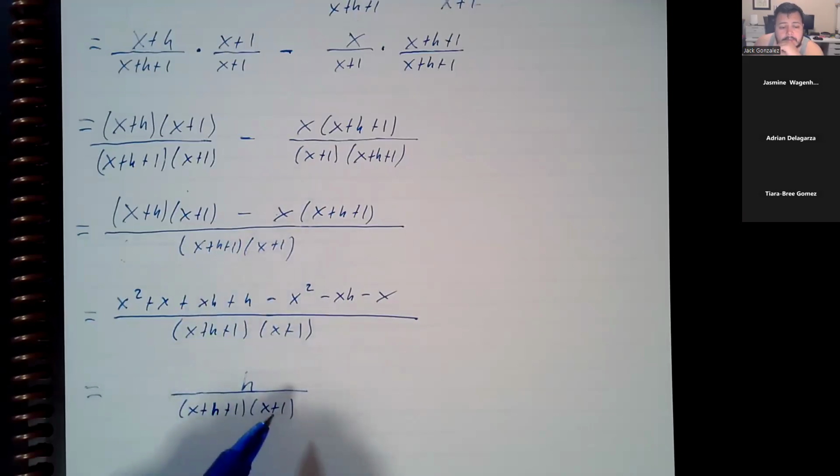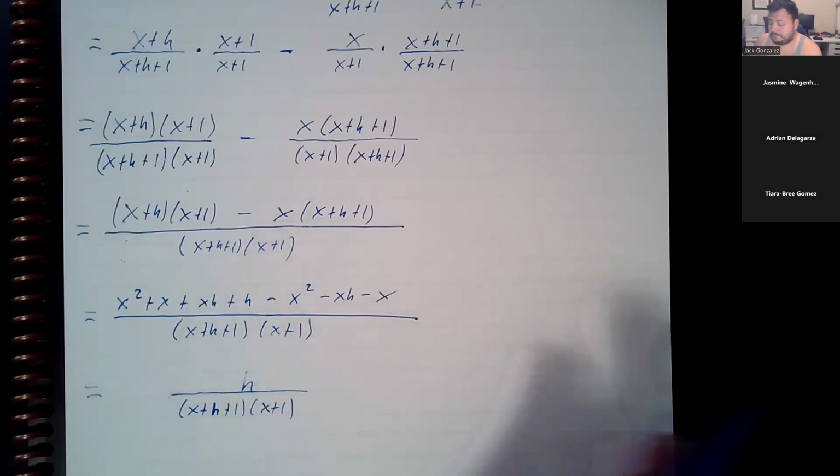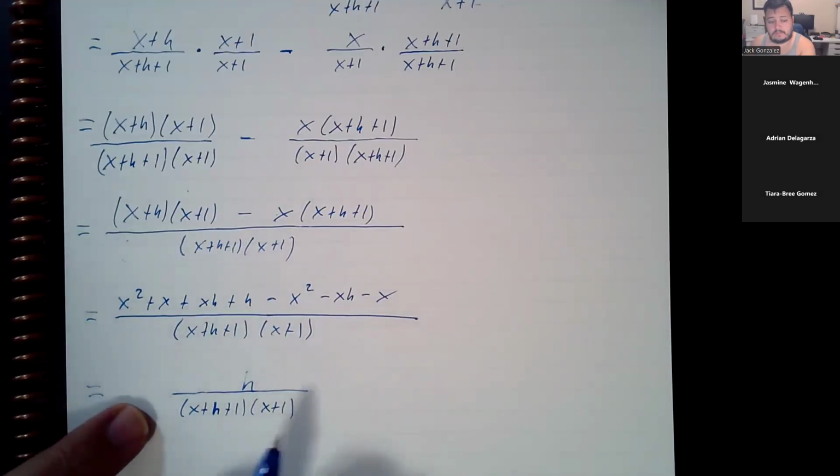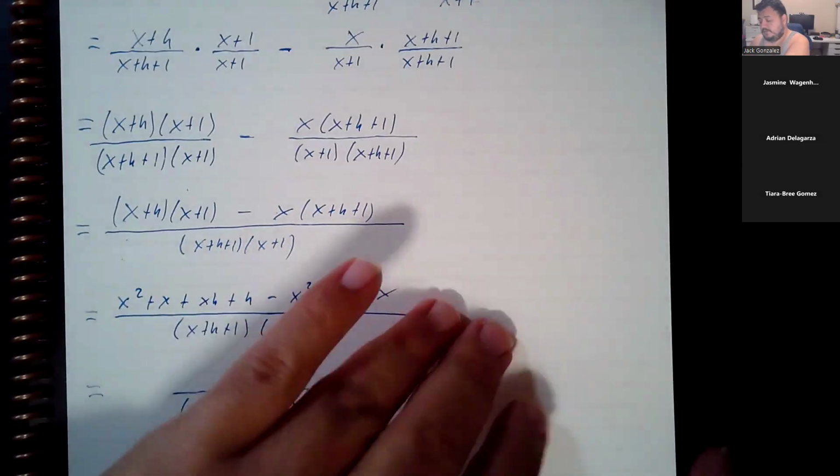Okay. So that's step two. Step three, I need to divide by h. You see how the h is going to cancel, and that's pretty much it. Step three is pretty short.